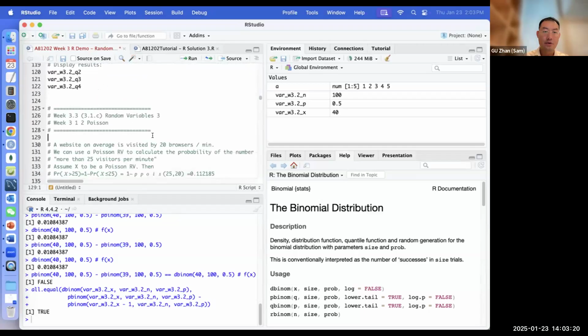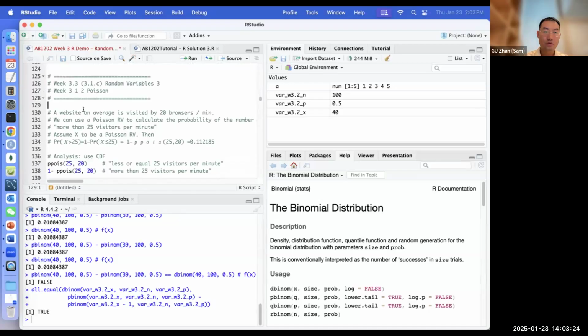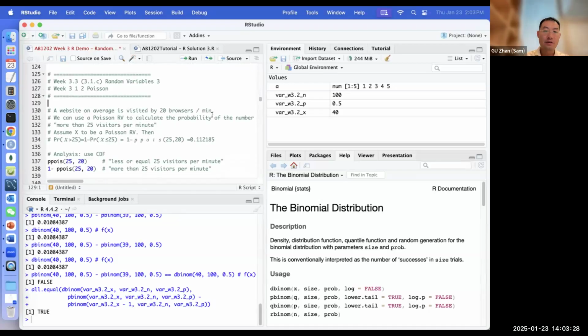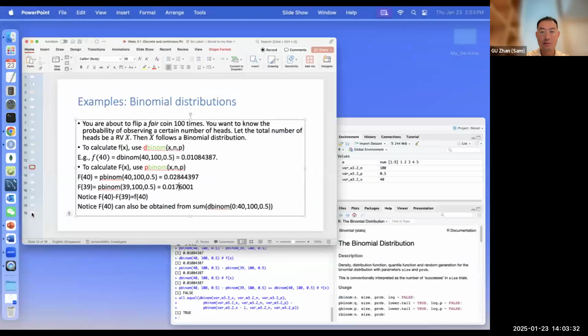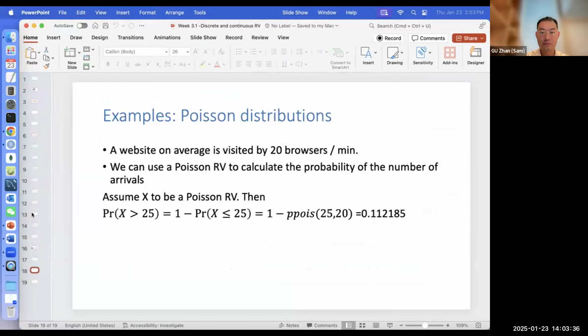And next is the Poisson distribution. A website on average is visited by 20 browsers per minute.